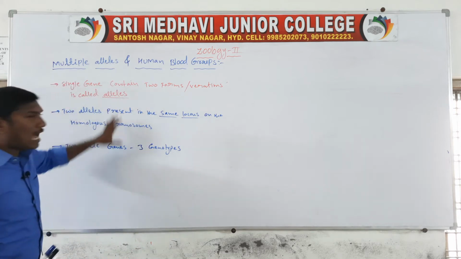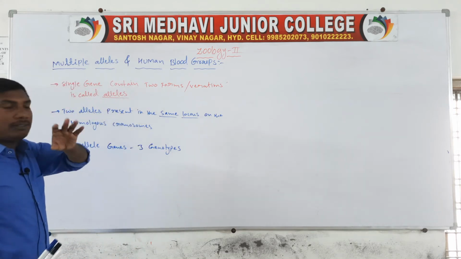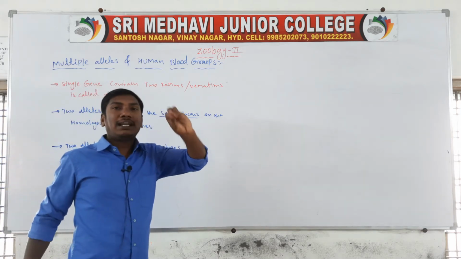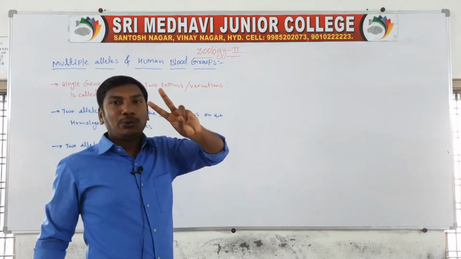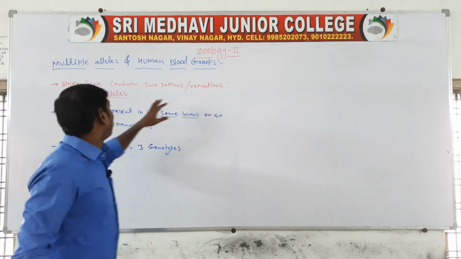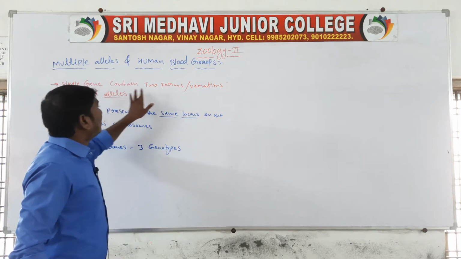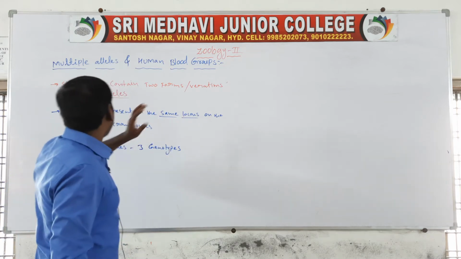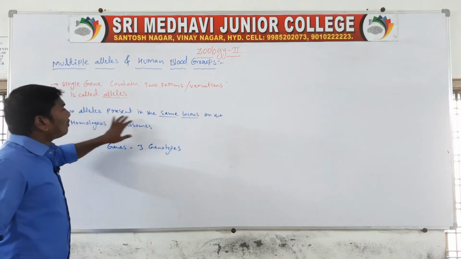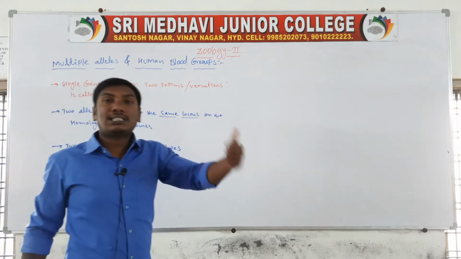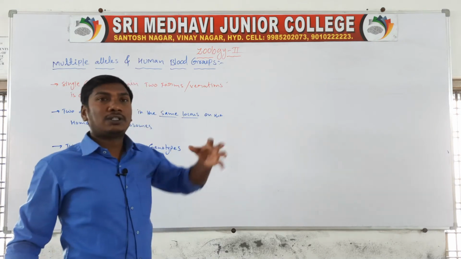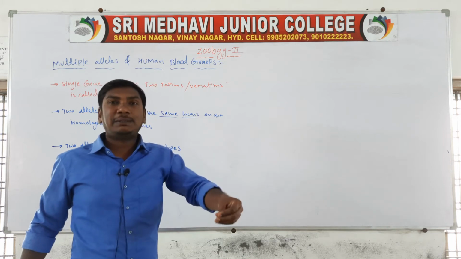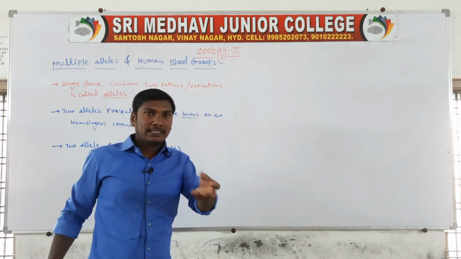In normal chromosomes, a single gene contains two forms or variations, called alleles. The two alleles are present at the same locus on the homologous chromosomes, and they exhibit three genotypes.